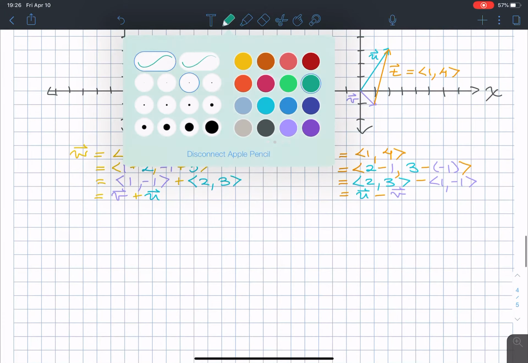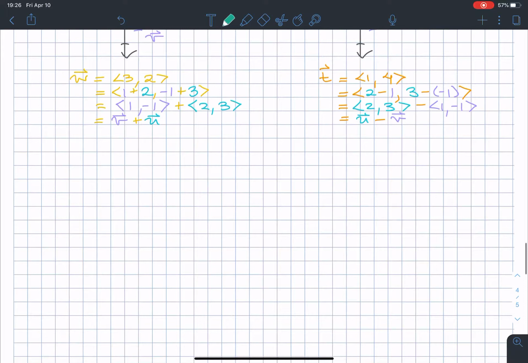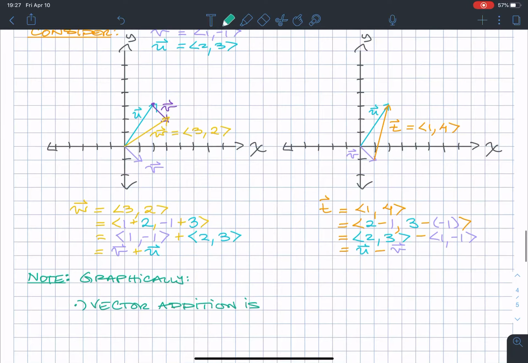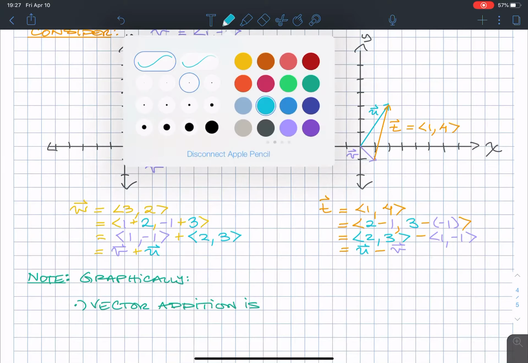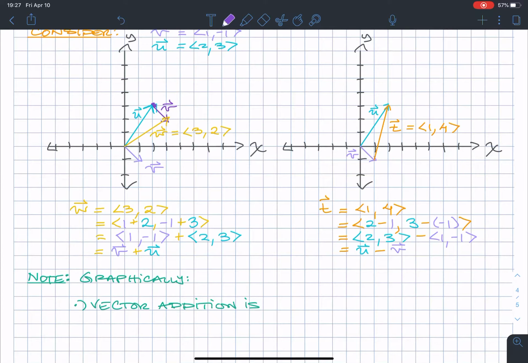So let's note. So graphically, how do we add and subtract vectors? Number one, vector addition is what we call tip to tail. So here's the tip of u and the tail of v.